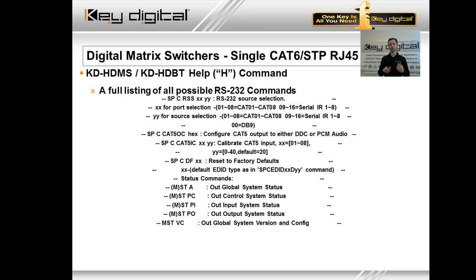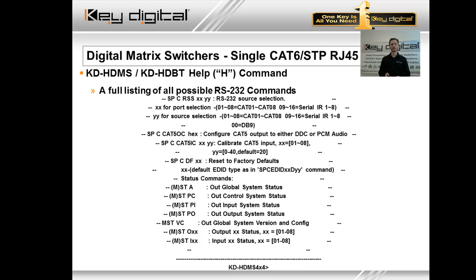This is less verbose. This is less easy, of course, for a human to understand. It's more alphanumerical and something that you in your programming could utilize to communicate more easily with your control system when doing bidirectional drivers. We have status for specific outputs, status for specific inputs, and that ends it.